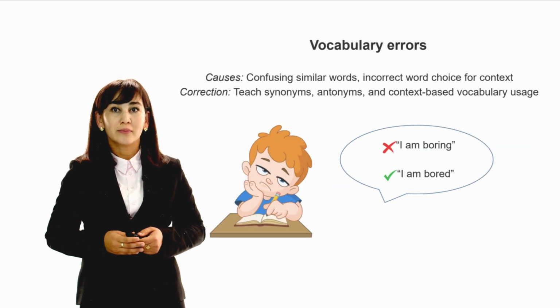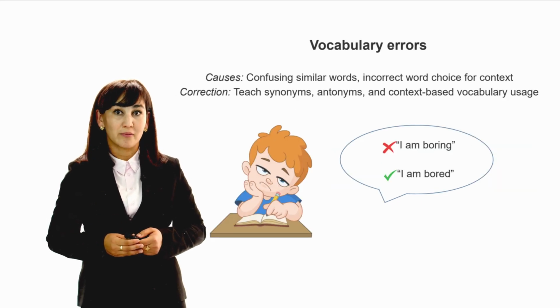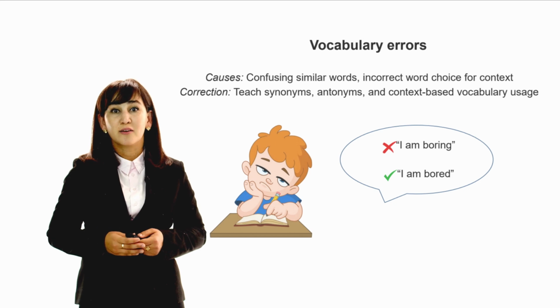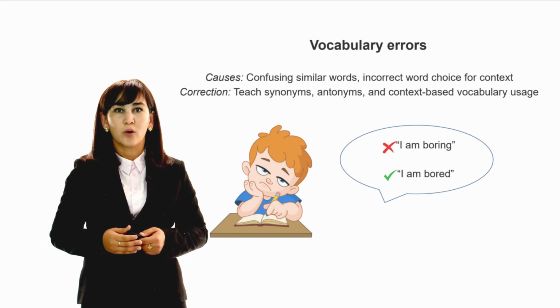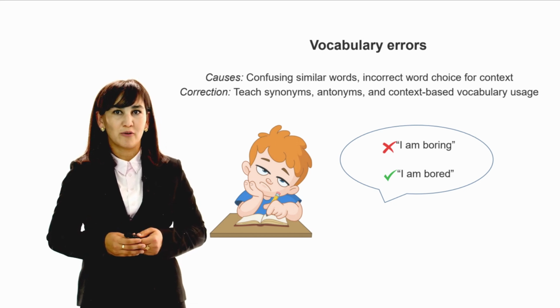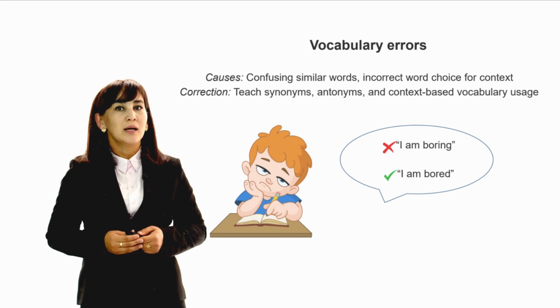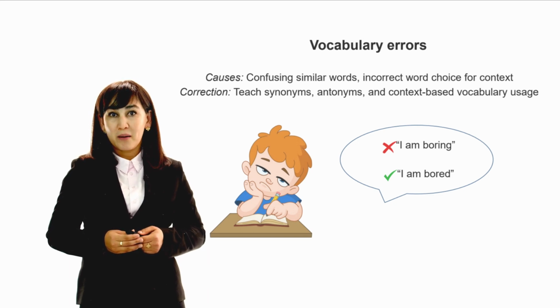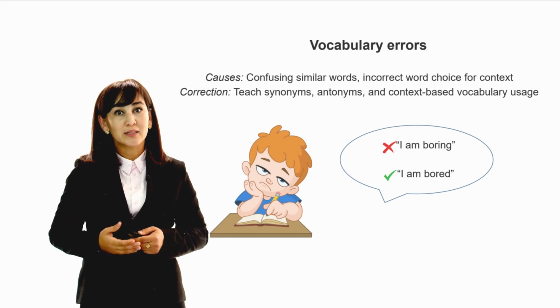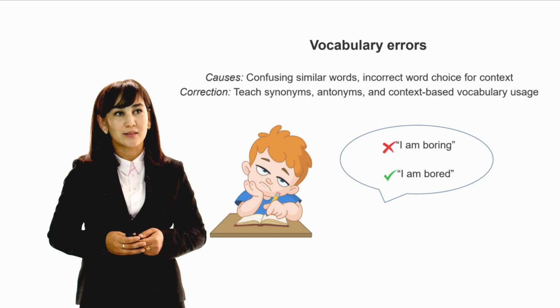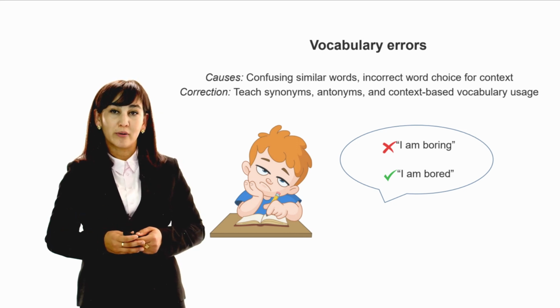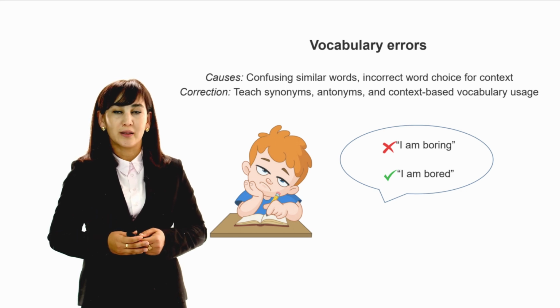Next type is vocabulary and spelling errors. If a student says funny instead of fun or writes definitely incorrectly, here we can teach word families, use mnemonics, and practice spelling patterns. For example, here a student says, "I'm boring," but actually it must be "I'm bored."